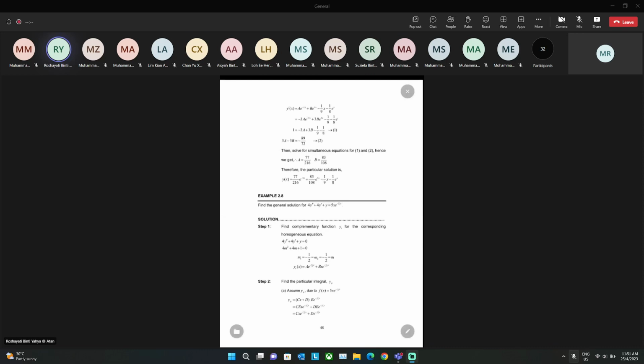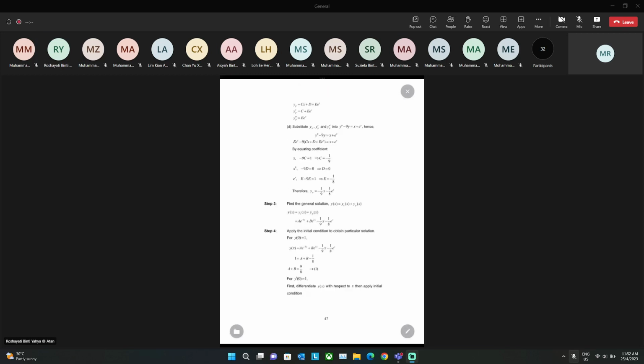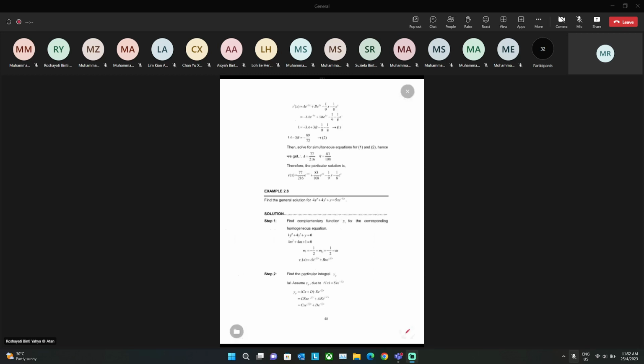So y prime x, just now you have y prime 0 equal to 1, right? Y prime x equal to negative 3A exponential negative 3x plus 3B exponential 3x minus 1 over 9 minus 1 over 8 exponential x.